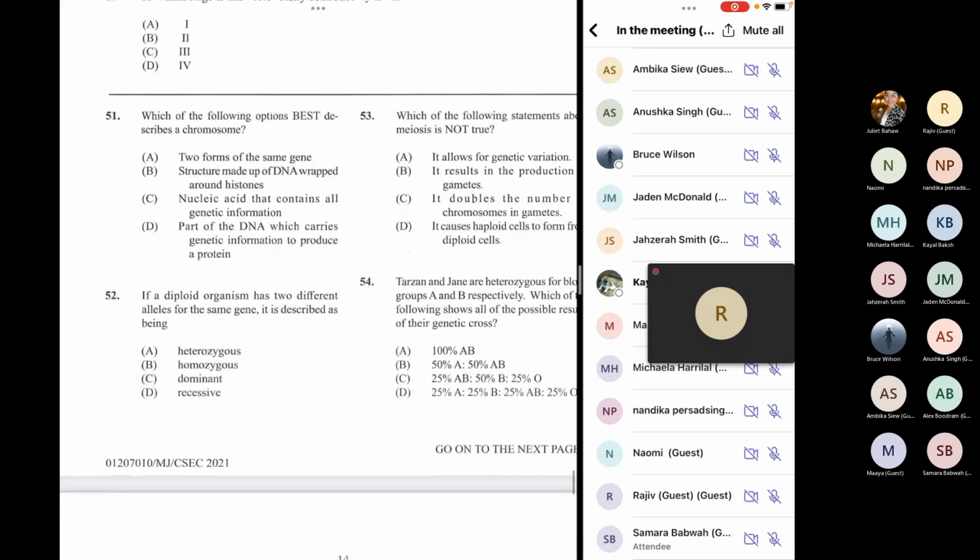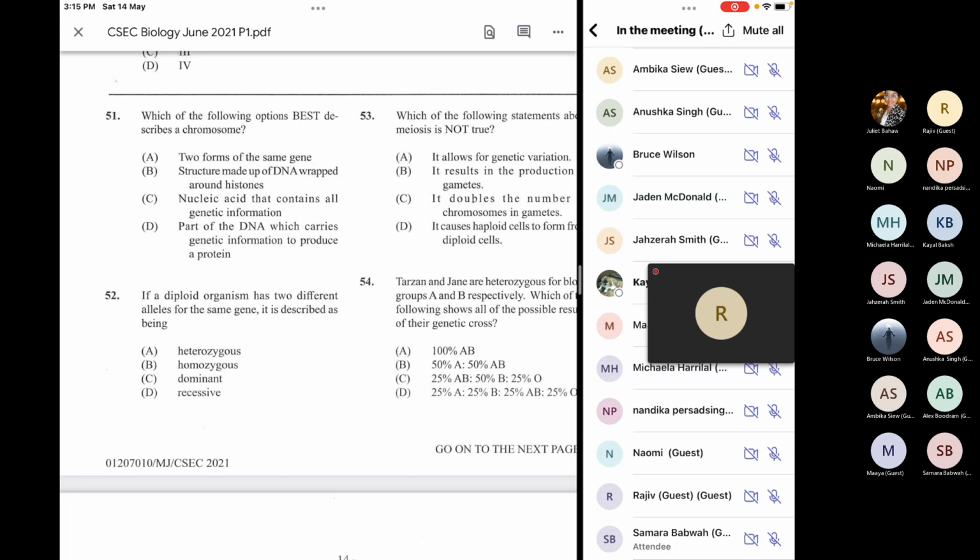Okay, I'll go through the rest. 51. Which of the following options best describe a chromosome? This one would have been C, nucleic acid that contains all genetic information. B actually sounds good too. Structure made up of DNA wrapped around histones.